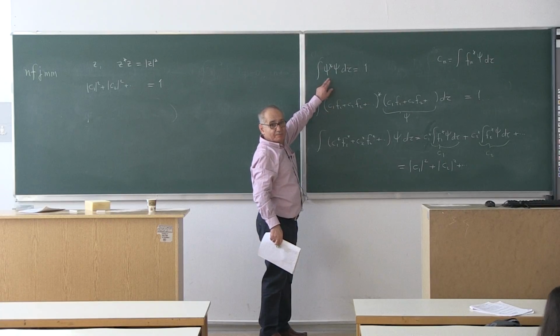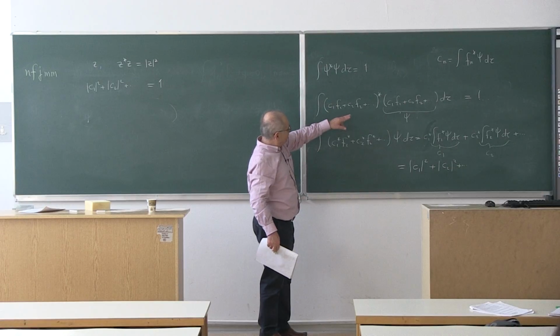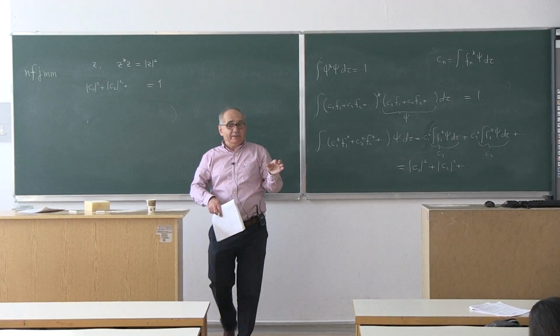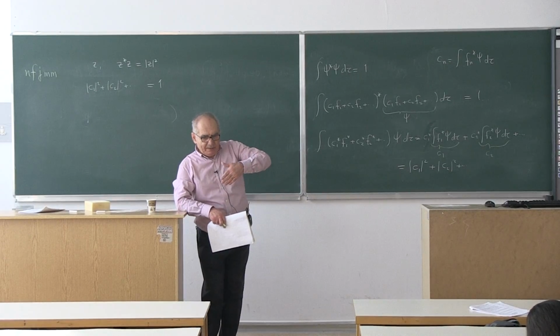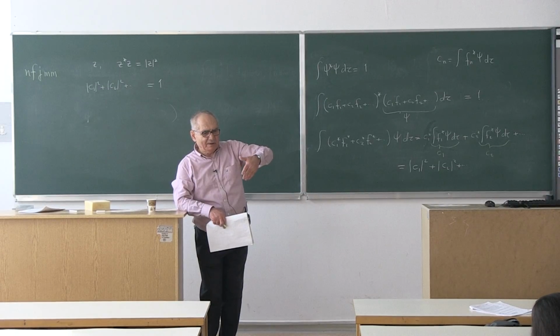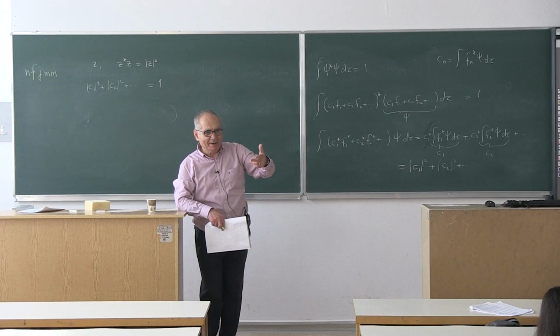Normalization of the state function psi implies that the sum of these squares of the coefficients must be equal to 1. Whenever some terms are added and the result is 1, we think about probability, because the total probability for an event is always 1.